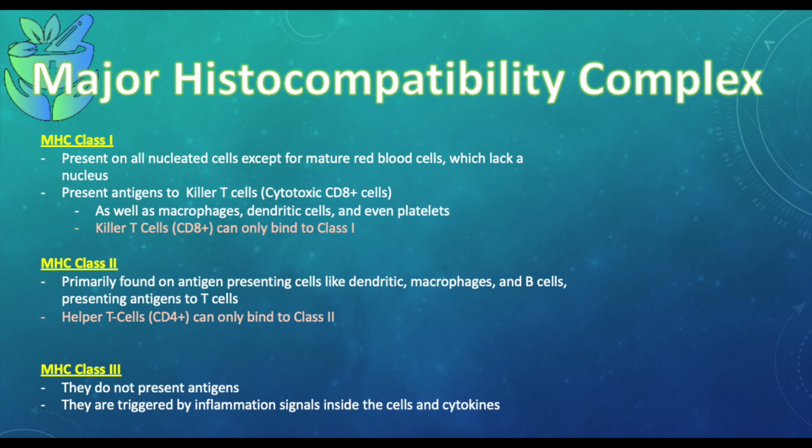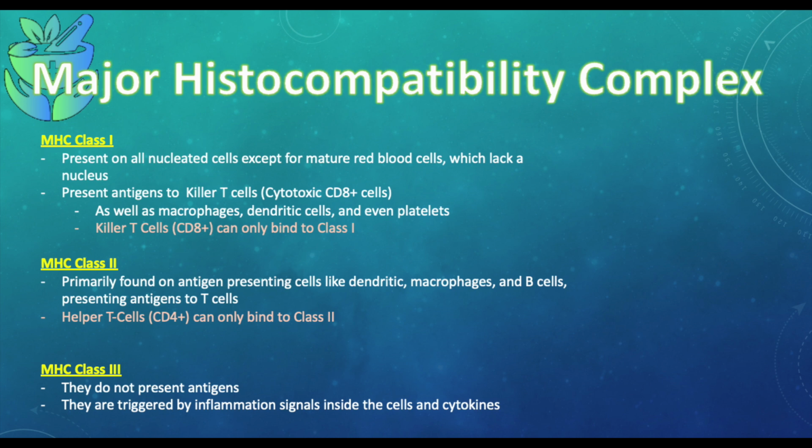Class 1 is present on all nucleated cells except for mature red blood cells, which lack a nucleus. They present antigens to T cells, the cytotoxic CD8+ cells, as well as macrophages, dendritic cells, and even platelets, but the main purpose is to activate those cytotoxic T cells.